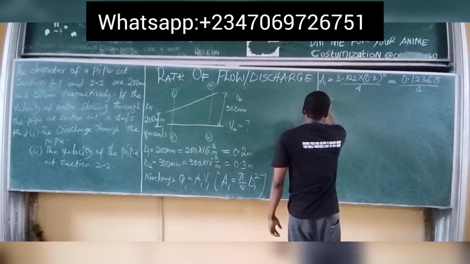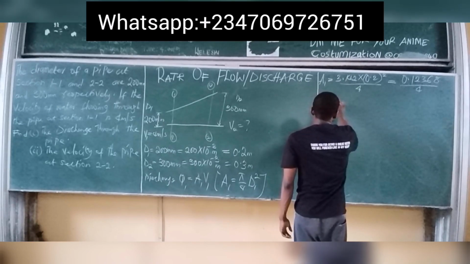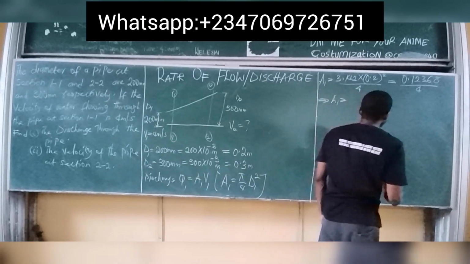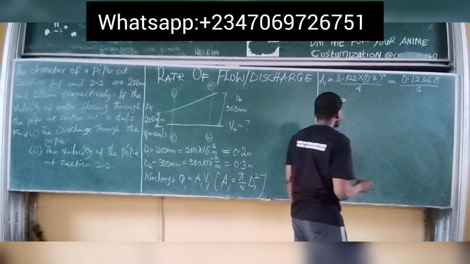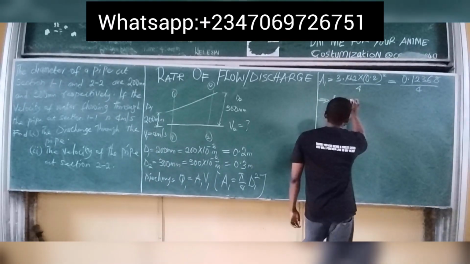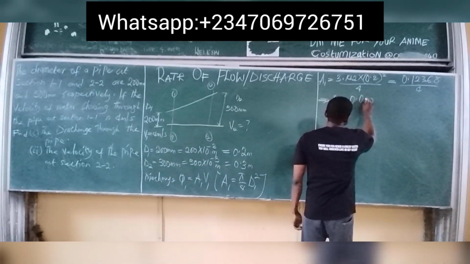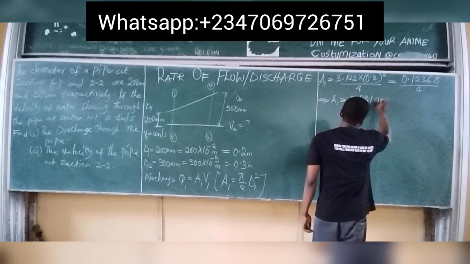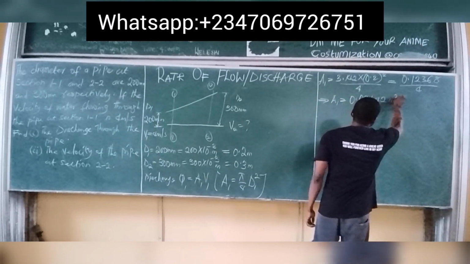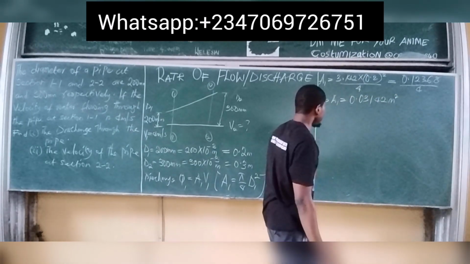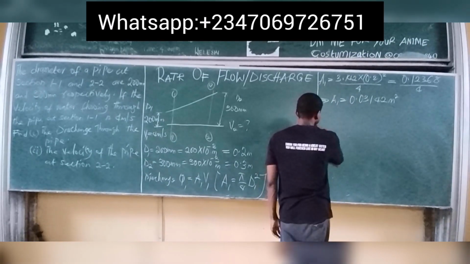So the area at section 1 is now equal to 0.12368 divided by 4. That gives us 0.03142 in meters squared.